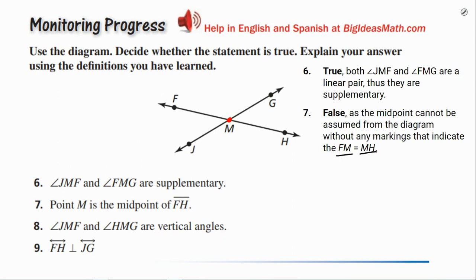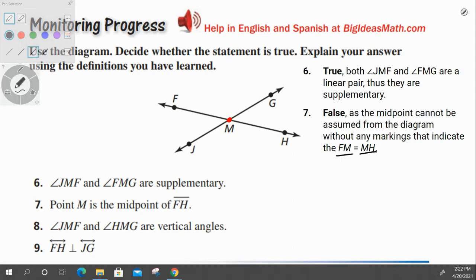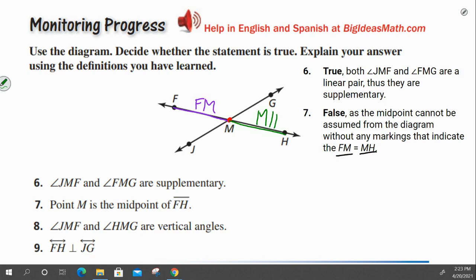Now, if that was true, so let me go ahead and grab a different color here. If I knew that FM, so that's this line right here, and if I look at MH right there, MH.